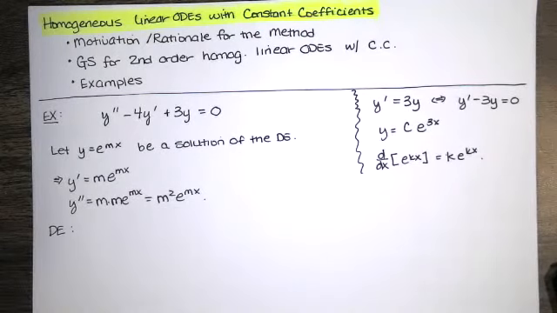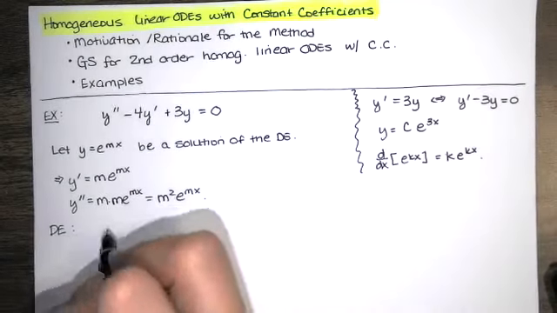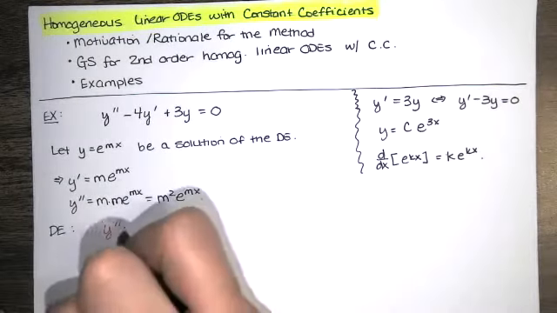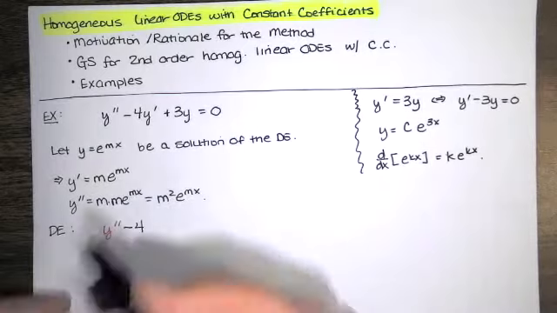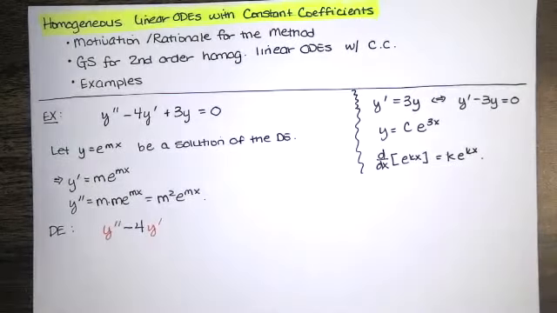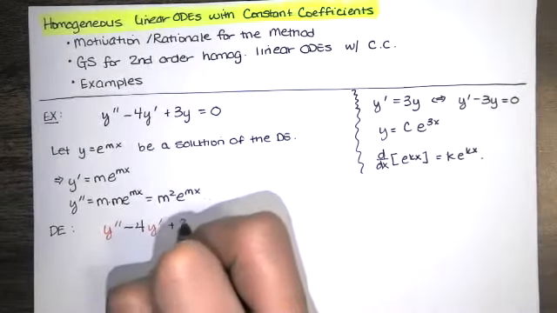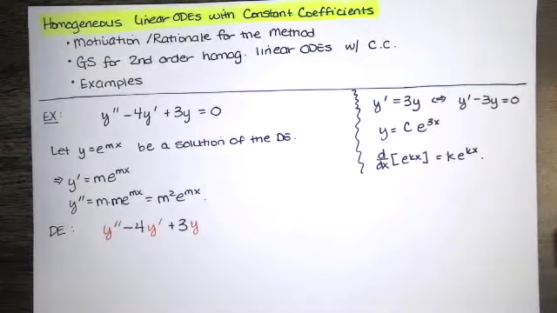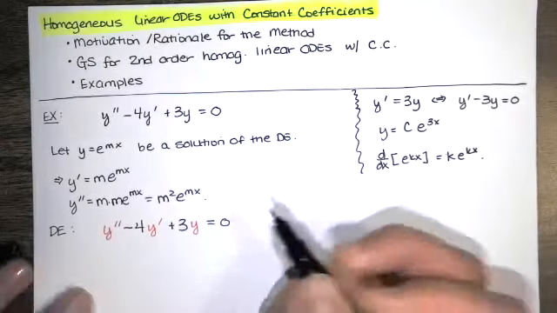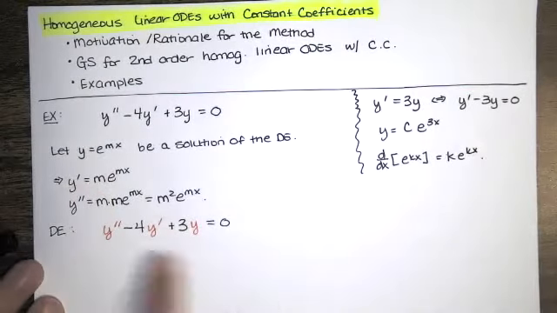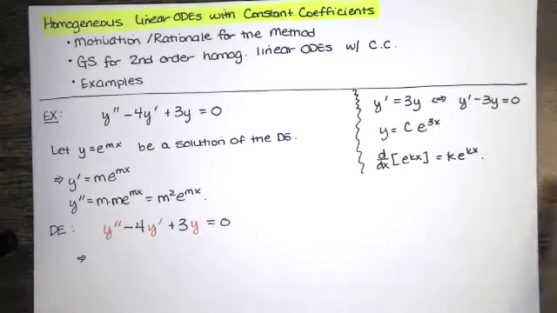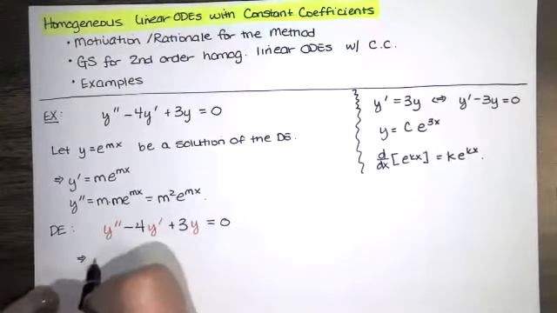So our differential equation is y double prime minus 4 times y prime plus 3 times y equals 0. And then if we're assuming that y equals e to the mx is a solution, then we have this. Y double prime is m squared e to the mx.